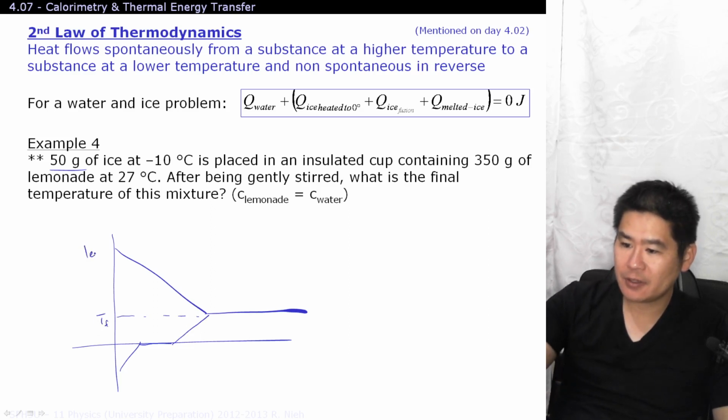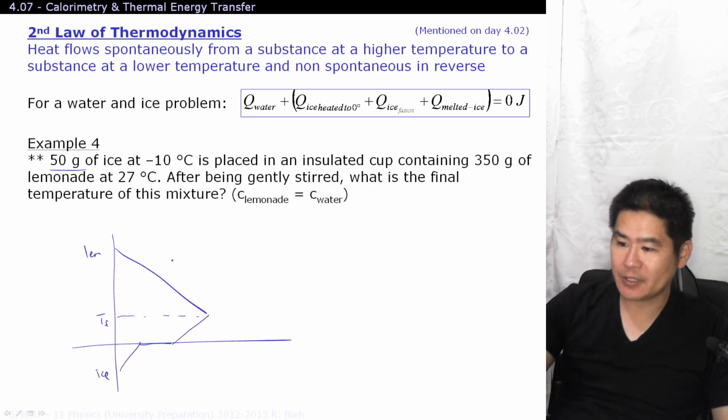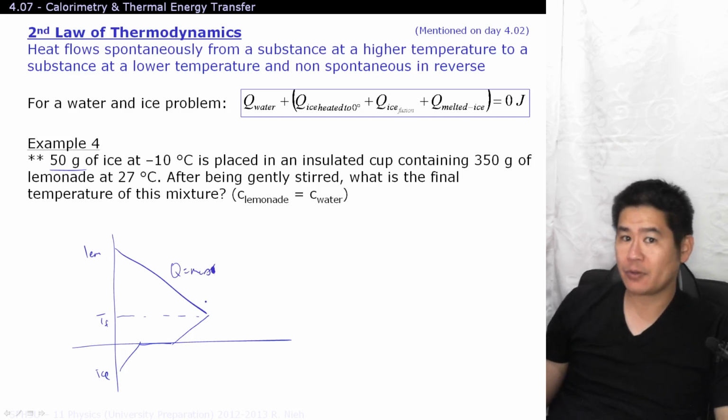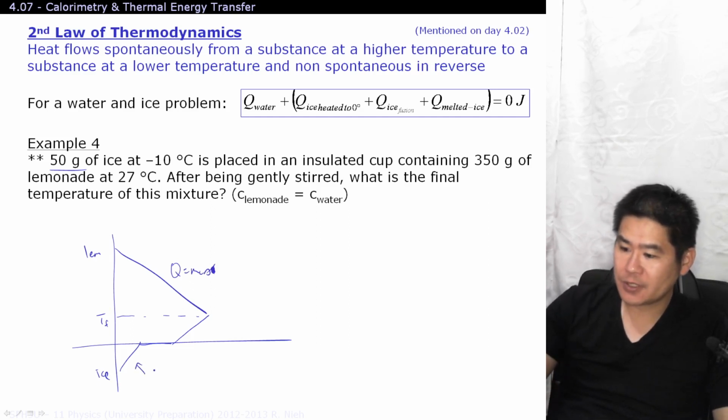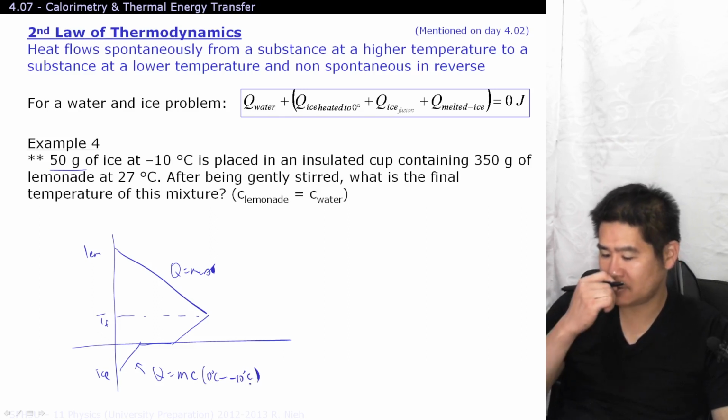So you have the lemonade and you have the ice. A lot of things are going on. Lemonade only has one equation, which is Q is equal to mc delta T, but the ice is going through quite a few things. First, yes, it has its Q is equal to mc of ice, which is roughly 2000, and then you have a final temperature of 0 degrees Celsius, and it started off at negative 10 degrees Celsius.